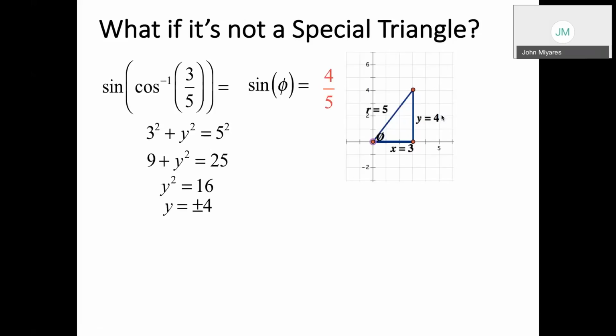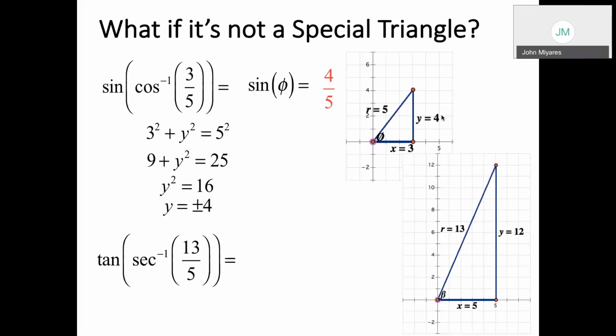Let's try another one. Suppose I'm interested in finding the tangent of the inverse secant of 13/5. The secant is the hypotenuse over the adjacent side. So I can construct a reference triangle that will have a hypotenuse of 13 and an adjacent side of 5.